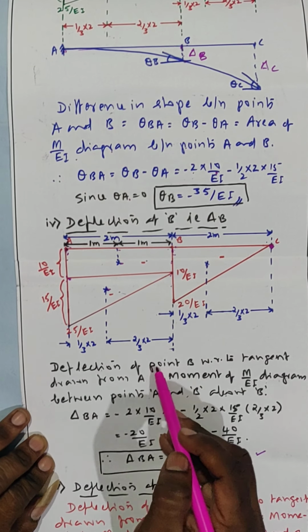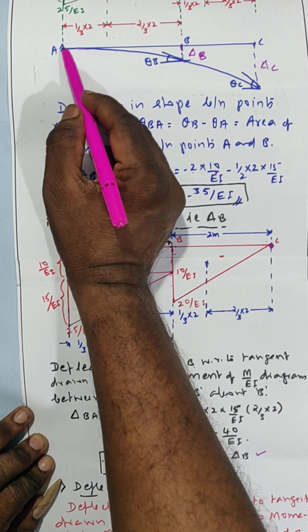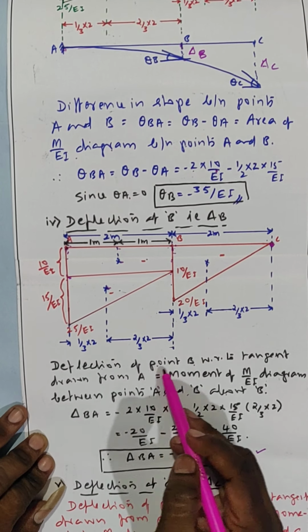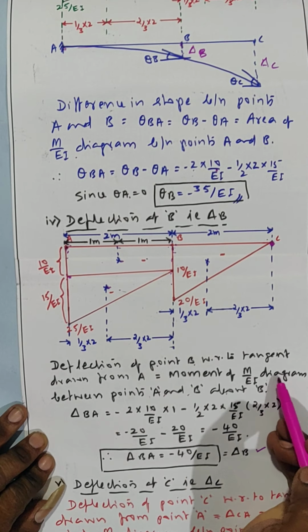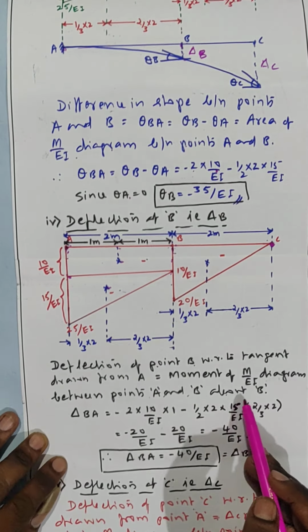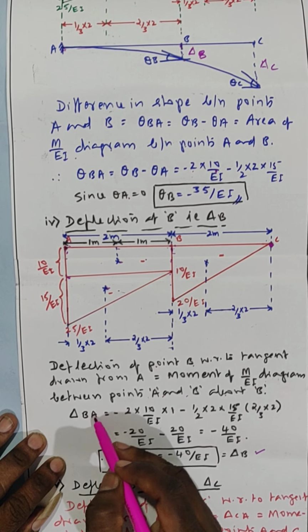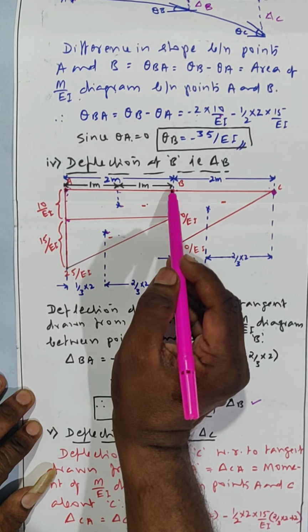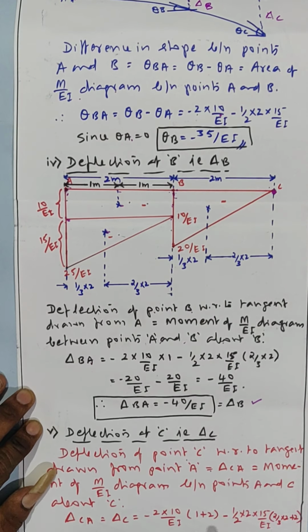See, deflection of point B with respect to tangent. Here the tangent is horizontal, directly we are getting the deflection. Deflection at point B with respect to tangent drawn at A equals moment of M over EI diagram between points A and B about B, where deflection is required. Therefore delta BA equals, what is the moment of this rectangle and triangle? Here between A and B there are 2 areas, one rectangle and one triangle.